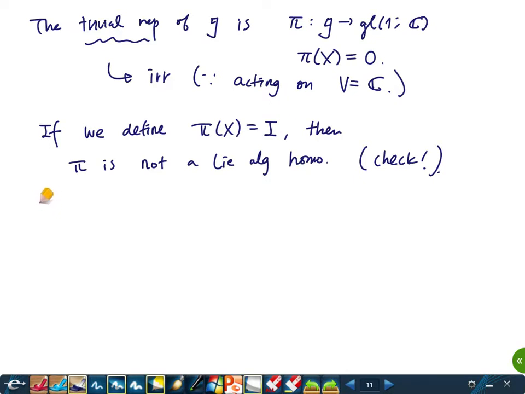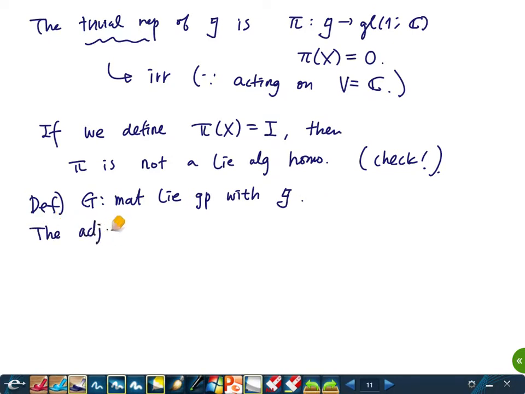So we've seen the standard representation and the trivial representation. This one will be very important in our study. G is a matrix Lie group with Lie algebra g, and the adjoint representation. In fact, we have already learned this.